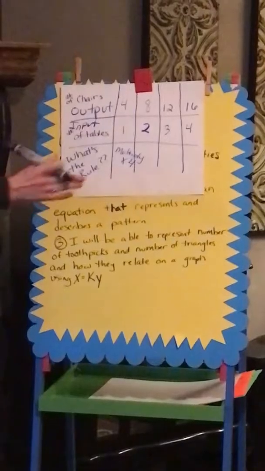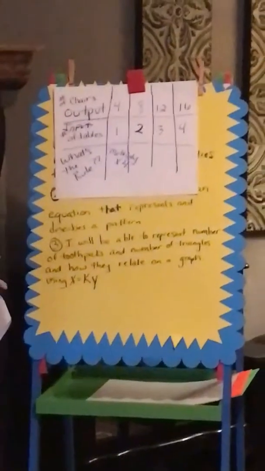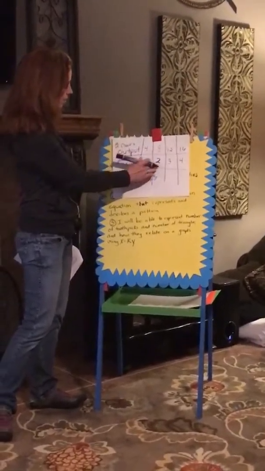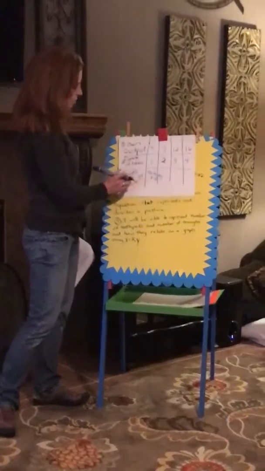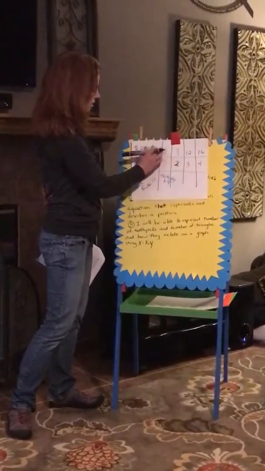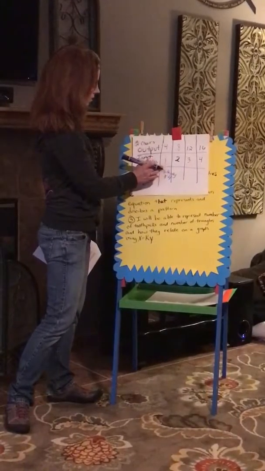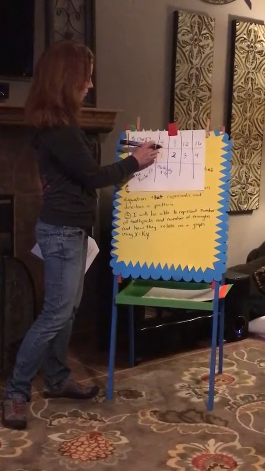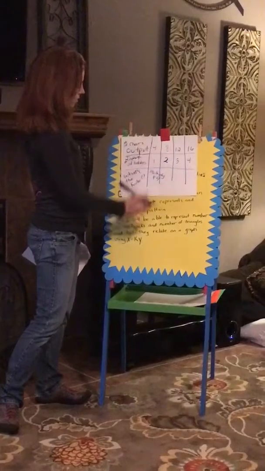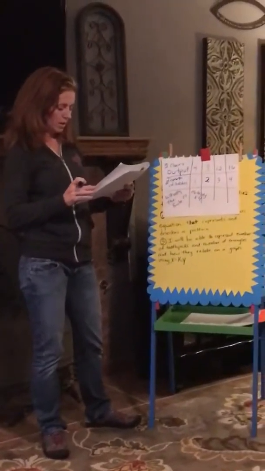Multiply what times 4? You multiply the number of tables times 4. So if you notice, it's another pattern. 1, 2, 3, 4. Counting by 1s, and this is counting by 4s. Multiplying the number of tables, input, by 4. Yes. Okay.